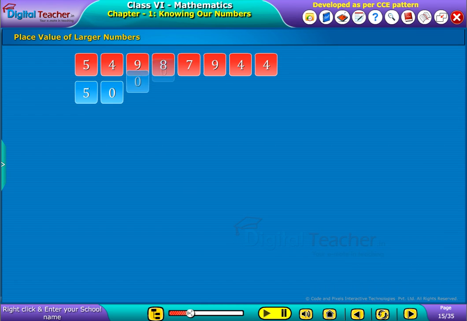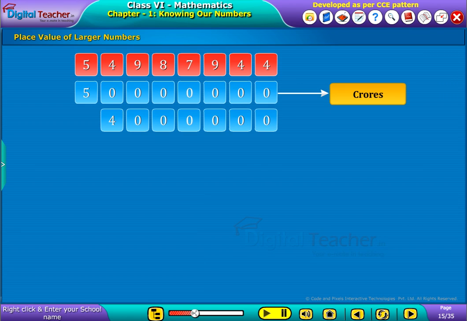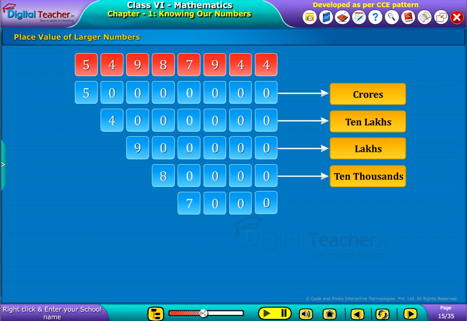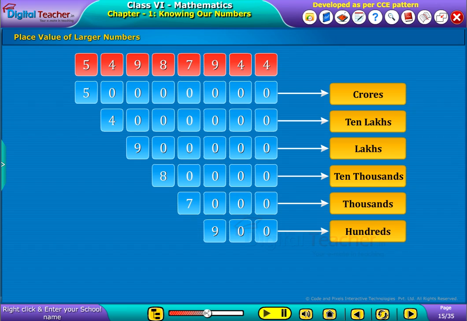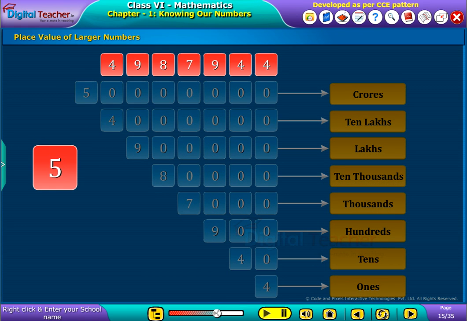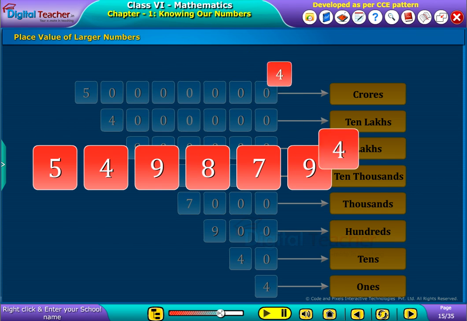Here 5 is in crores place, 4 is in 10 lakhs place, 9 is in lakhs place, 8 is in 10,000s place, 7 is in thousands place, 9 is in hundreds place, 4 is in tens place, and 4 is in ones place. Now, it can be read as 5 crores 49 lakhs 87,944.